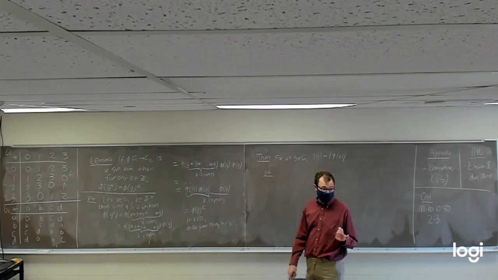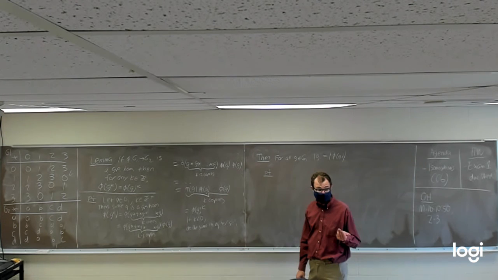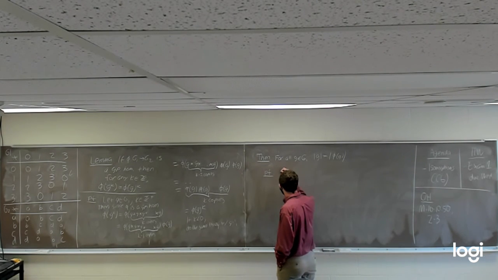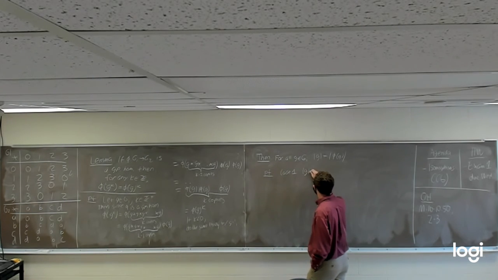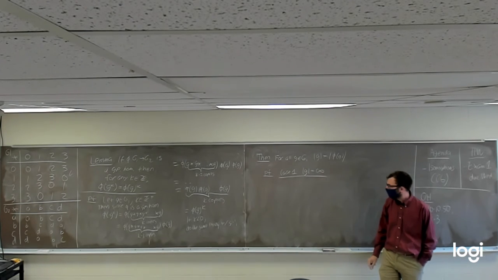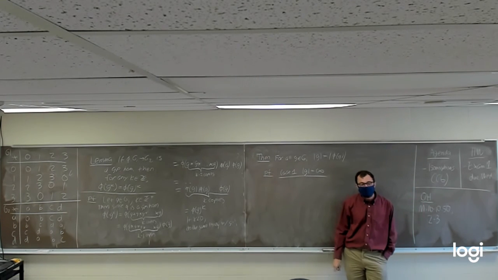So we'll break it up into two cases, one where the order of G is finite, and one where the order of G is infinity. Consider the infinite case. Can anybody remind me, what does it mean to say that an element of a group has infinite order?